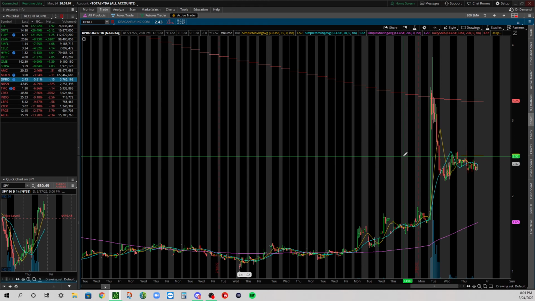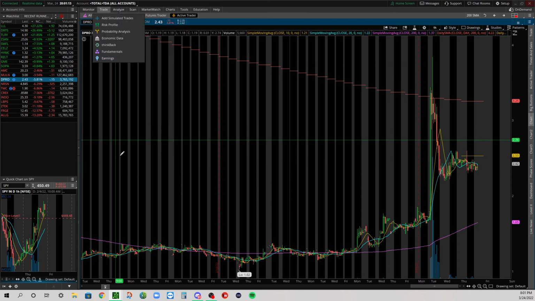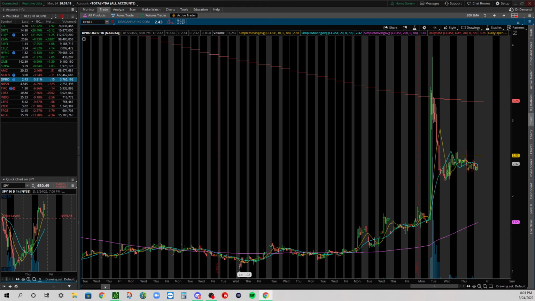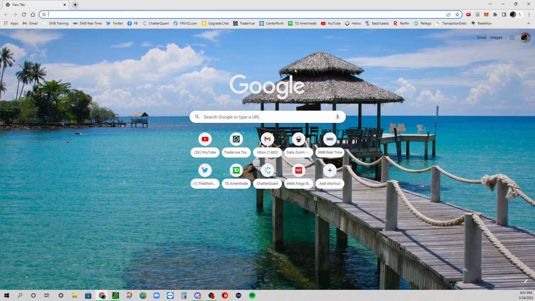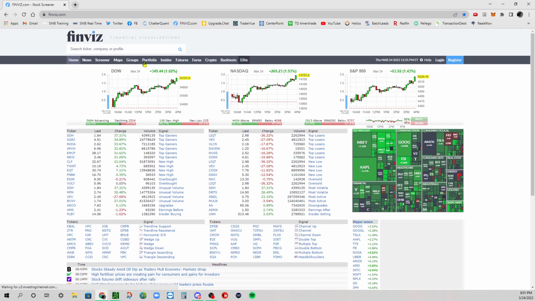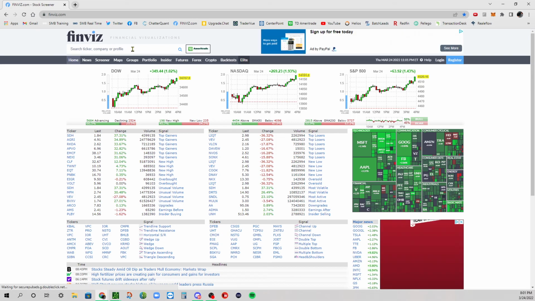You can look up the fundamentals. Some of this data, like the low float availability, you can also find on Finviz. So go on Finviz. Make sure you guys write down this website.